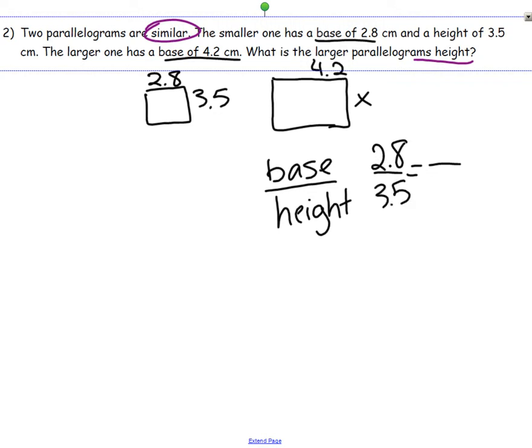And over here, the base is 4.2 over x. No. Wait, yes, you'd get the same answer. That would be comparing little to big. As long as when you cross multiply you get this step first, you're okay.